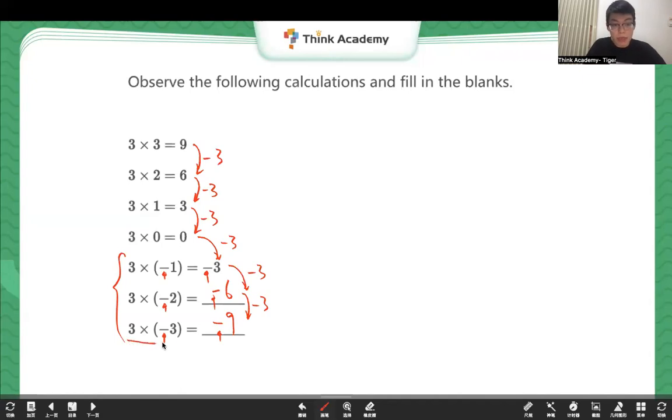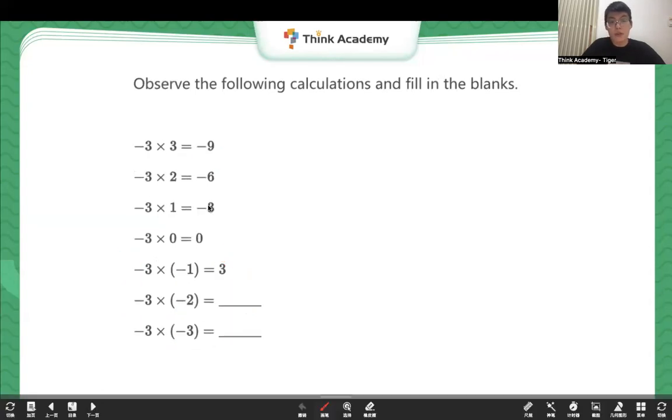So now let's remember the last conclusion, okay? 3 times minus 3 is minus 9. And let's move on to the next page. So this is what we get from the last page, right? 3 times minus 3, that's minus 9. So according to the definition of multiplication, negative 3 multiplying 3 will be 3 of the negative 3s, right?